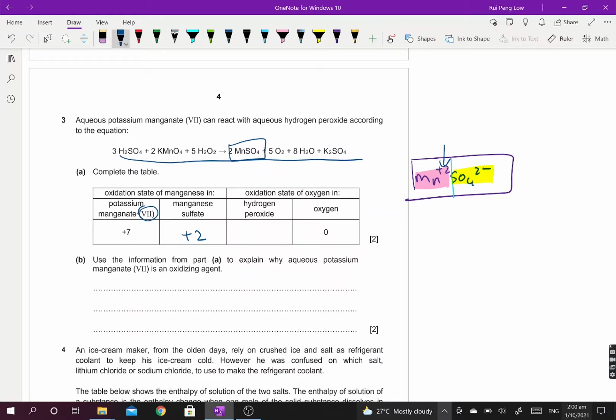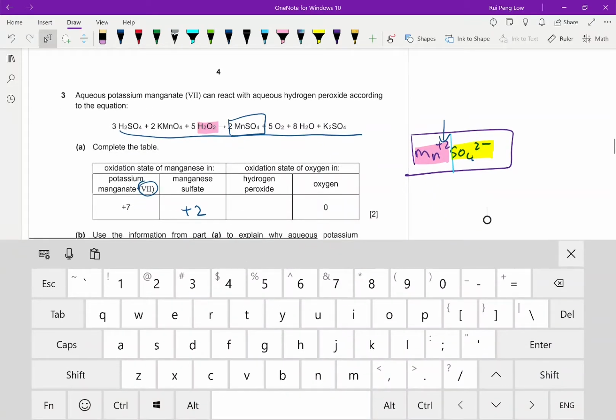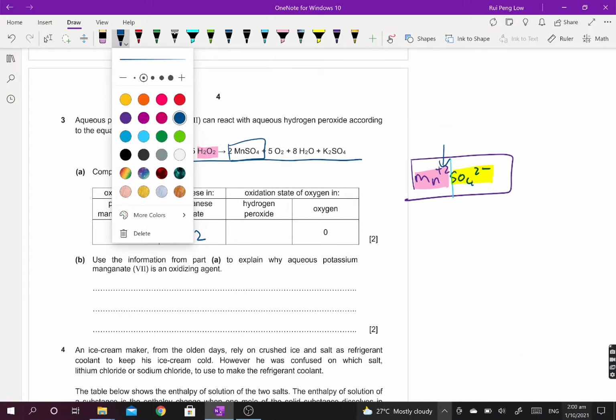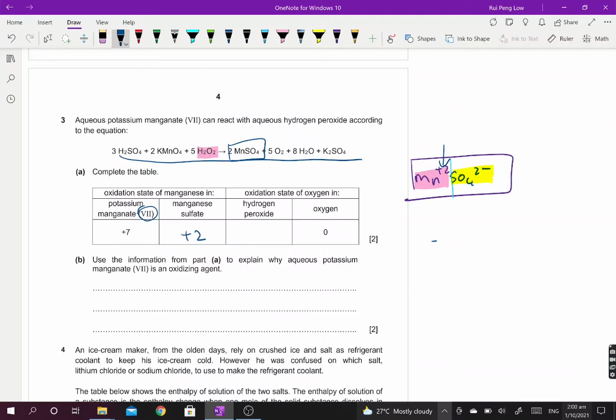Now have a look at hydrogen peroxide. So where is hydrogen peroxide? Hydrogen peroxide is here. Now we want to know the oxidation state in hydrogen peroxide. Hydrogen has a state of +1.